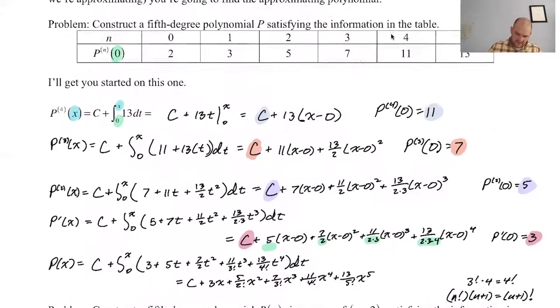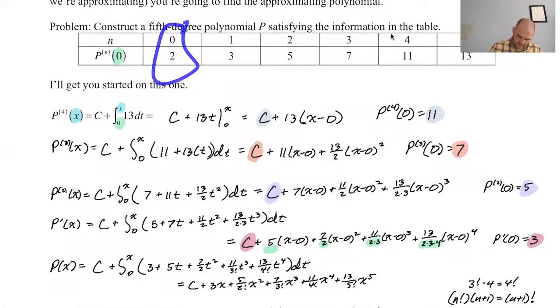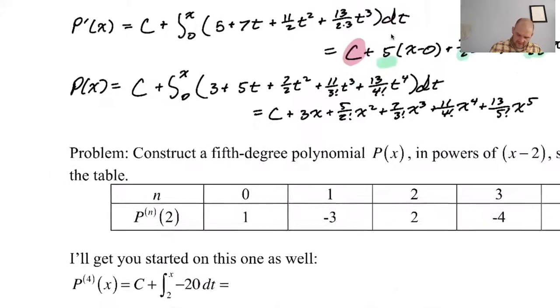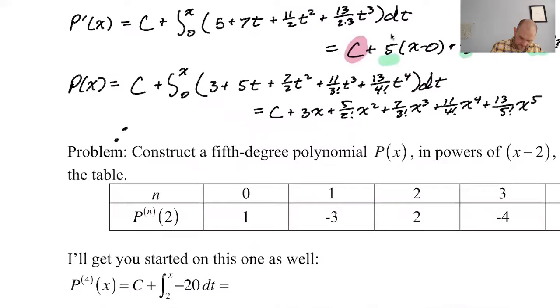All right, and then finally, the value of the function at 0 is 2, which means down here c is 2. So p of x is going to be 2 plus 3x.